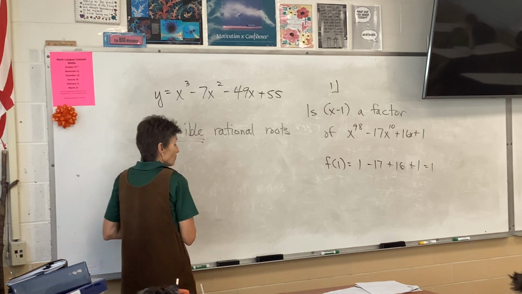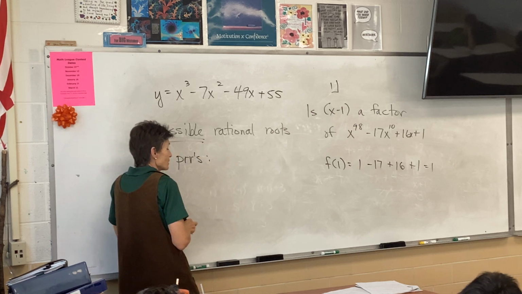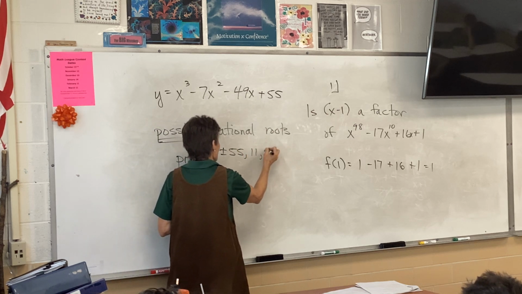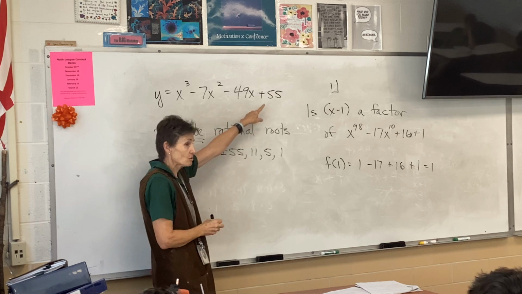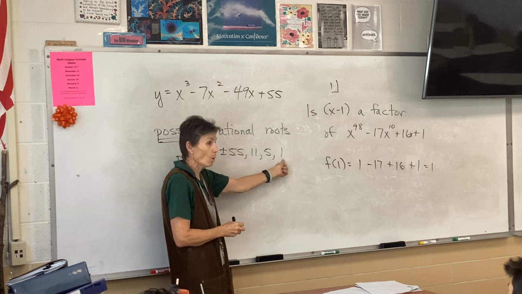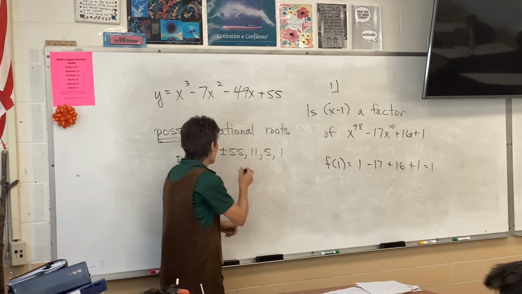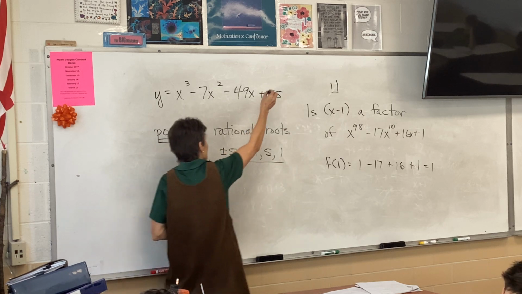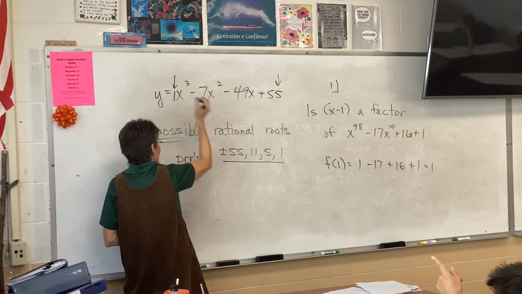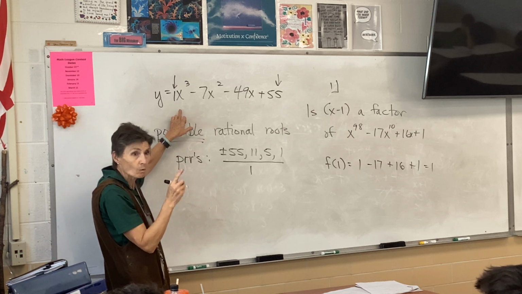For this particular problem, the PRRs, as we call them, possible rational roots, are factors of 55, factors of that number, and that would be plus or minus 55 and 1, or 11 and 5, right? Those would be the only possibilities. Over, so factors of this, over factors of that number, which is just a 1. Now that number could be a 2 or something.